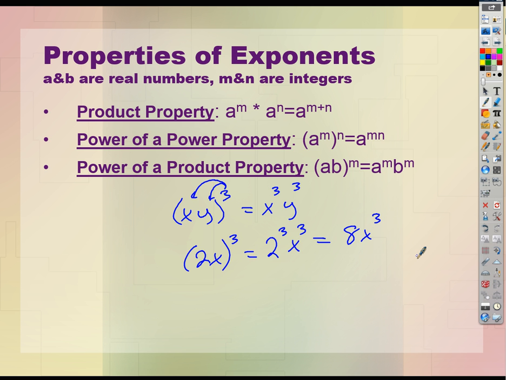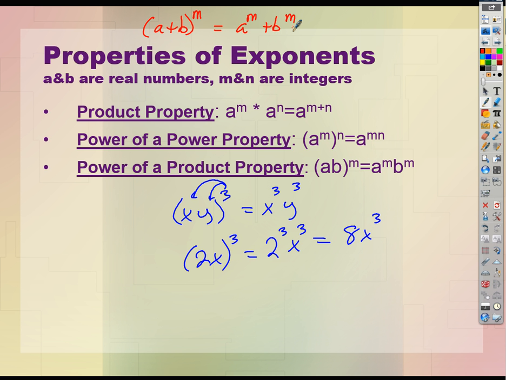Okay? Make sense? Okay, now I'm going to tell you something that you can't do, because sometimes it's a real common thing that people in Algebra 2 make this assumption that if you can do this, well then you probably could do this also. You probably could say a plus b to the m equals a to the m plus b to the m.